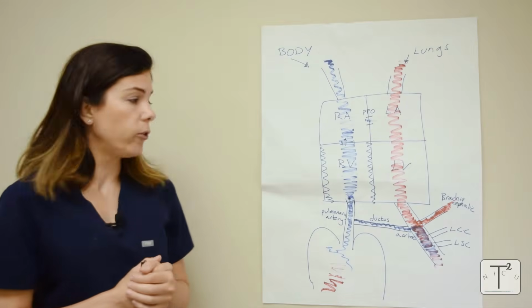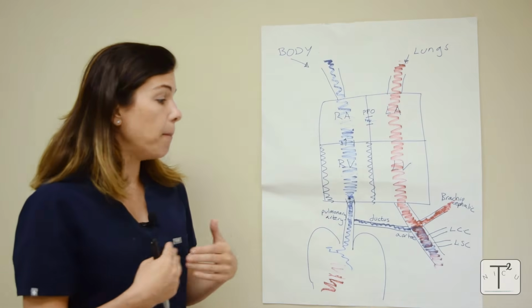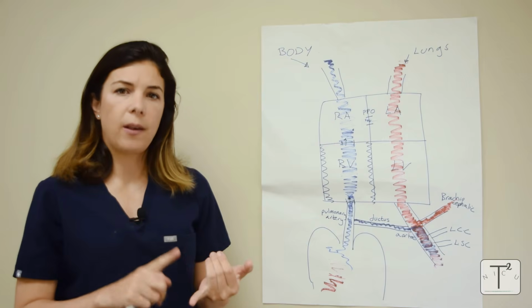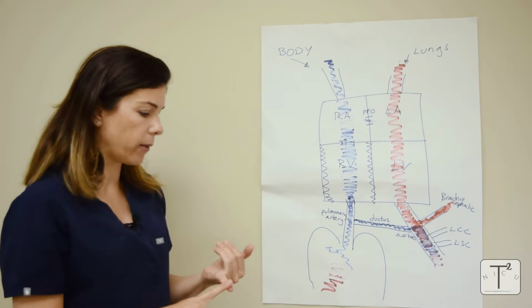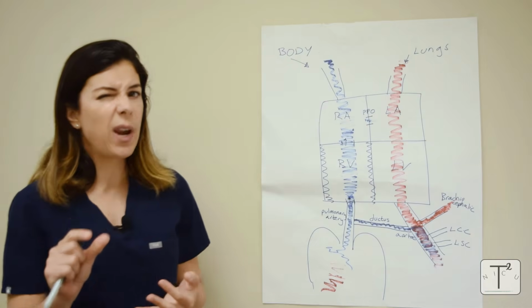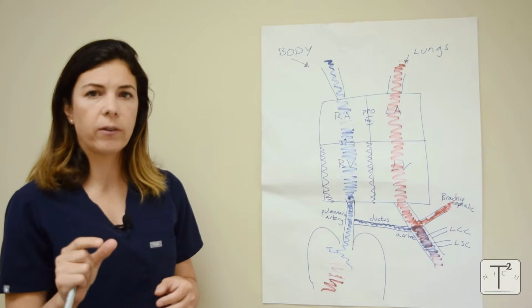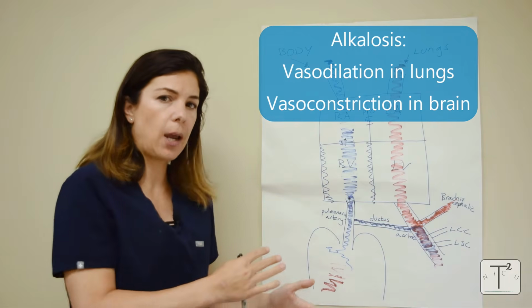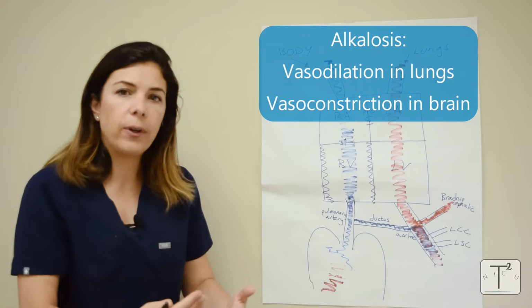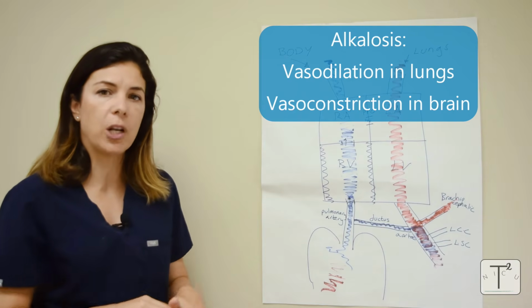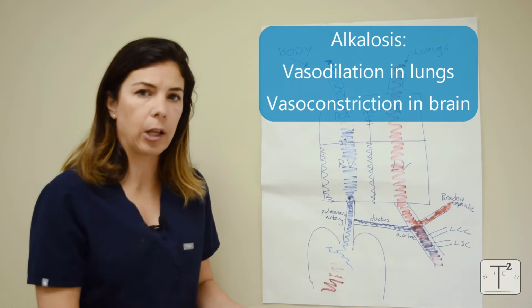The other thing that we used to do is make the baby slightly alkalotic. So like I said, oxygen is a pretty potent vasodilator of the lungs. The other potent vasodilator of the lungs is alkalosis, or really, acidosis ends up with pulmonary vasoconstriction. So a long time ago, we used to actively try to lower the carbon dioxide, the CO2, in these babies as much as possible to make them slightly alkalotic.